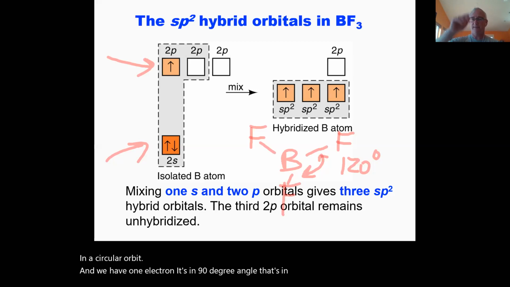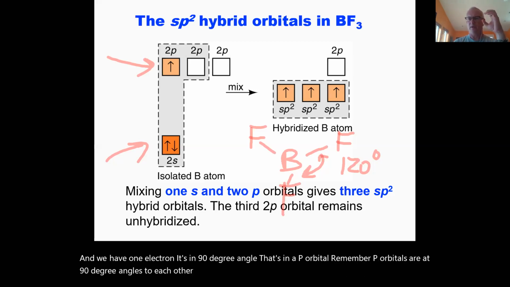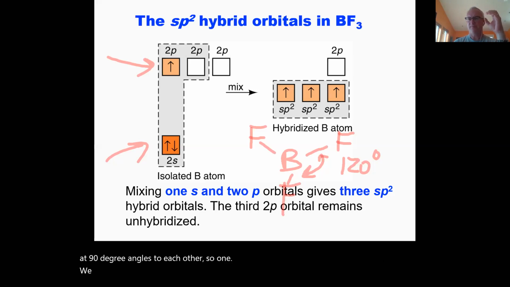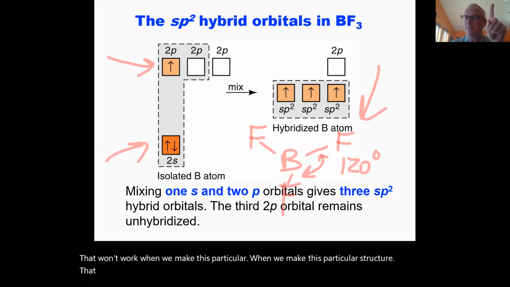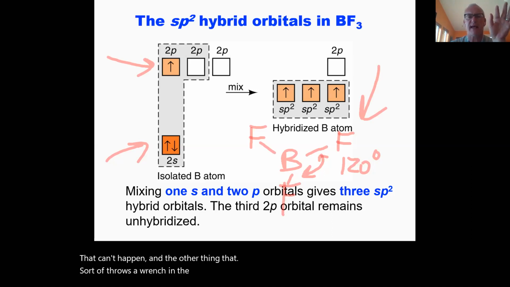Remember, p orbitals are at 90 degree angles to each other. So one we have a circle, and the other we have 90 degrees. That won't work when we make this particular structure. That can't happen. And the other thing that throws a wrench in the works is these 2 electrons.